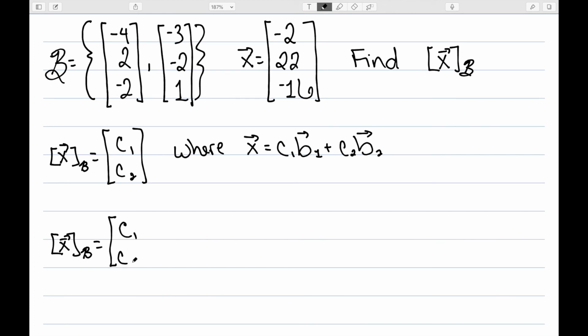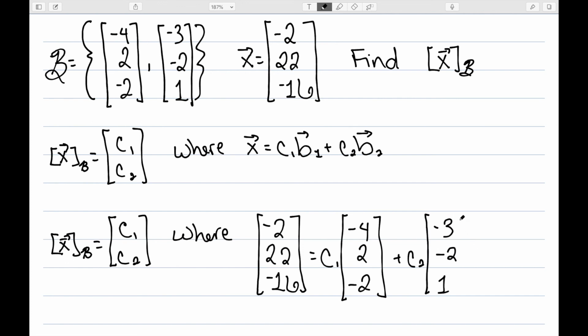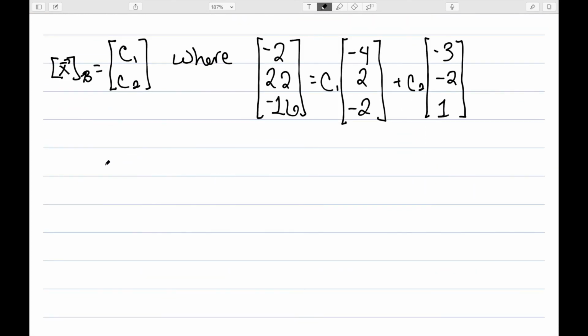We don't know c1 and c2. We do know what x is. x is (-2, 22, -16). I don't know what c1 is, but I do know what b1 is. It's (-4, 2, -2). And then I don't know c2, but I do know b2. (-3, -2, 1). And we can see that this right here is the same as just a system of equations.